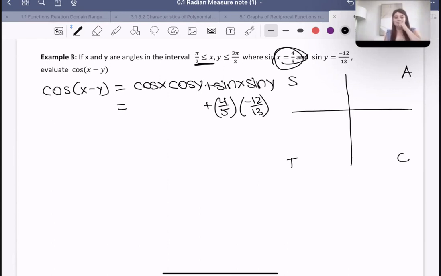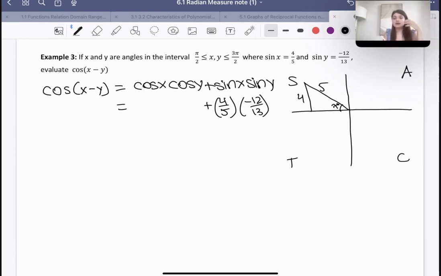Same difference. So that means our triangle must be here. It must look like this. And if this is our x, we know that sine would be 4 over 5. So the opposite over the hypotenuse is 4 and 5, and we just have to find this remaining value.